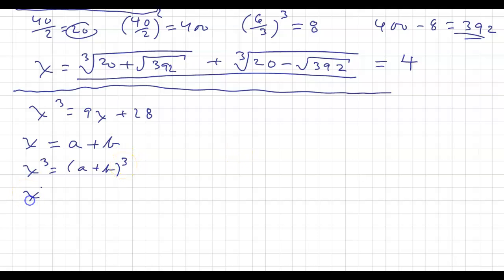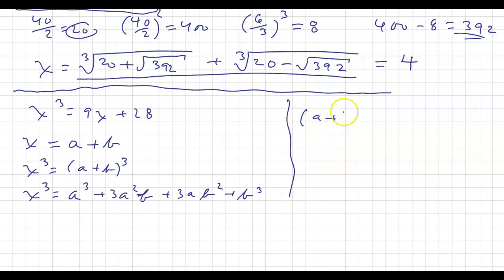And maybe you already know that (a plus b) cubed is a cubed plus 3a squared b plus 3ab squared plus b cubed. Or maybe you don't know that already.